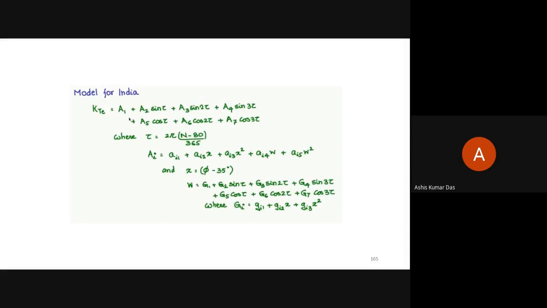So if we get all these values, then we can plug into this equation and get the value of Ai. When we get the Ai, we can plug it into this equation and get the estimate of the clearness index. This is the model that we have used to find the clearness index at any place within the country.